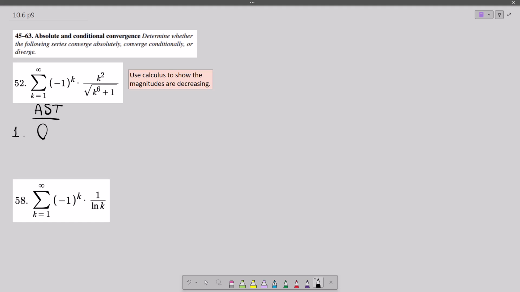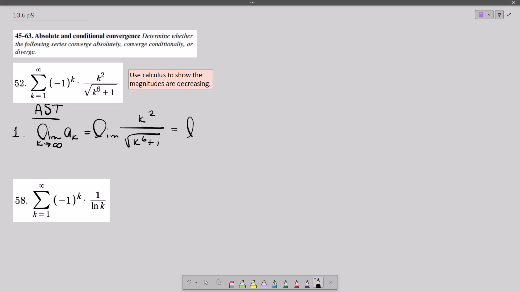First step, we want to take the limit of a sub k as k goes to infinity. Well, a sub k does not include the switch. a sub k is just this part. And that limit, it's true you can push the limit inside the square root, but there's a better way to do this because that's going to give you L'Hopital's and it's going to be a pain.